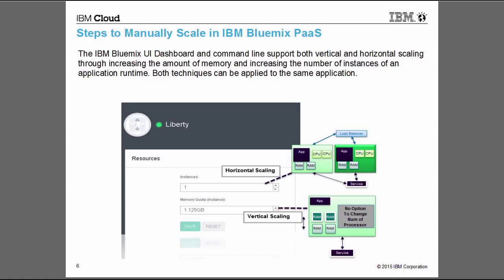If there is a huge amount of transaction volume being routed to the application, the volume will be handled by the maximum number of instances that are configured manually in the runtime parameters. So this is horizontal scaling, and you can do both horizontal and vertical scaling manually in Bluemix PaaS.